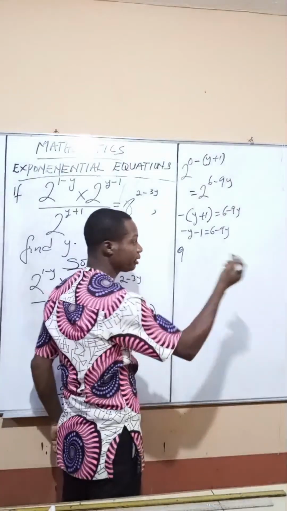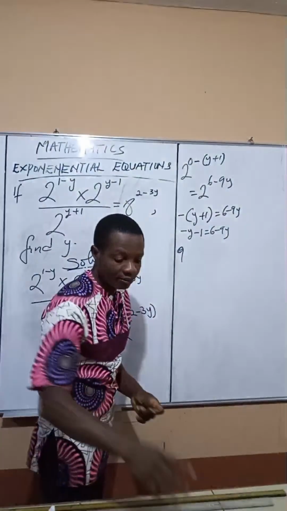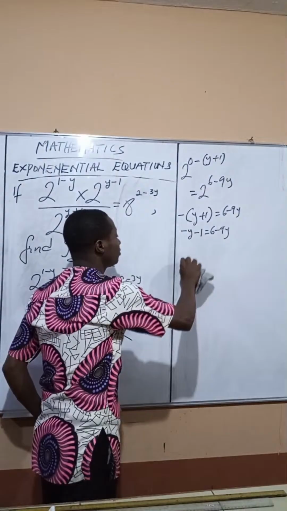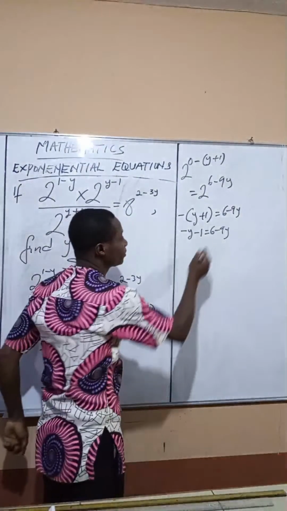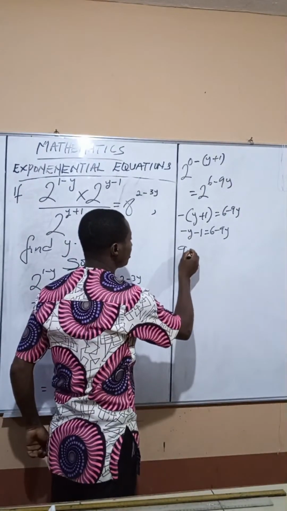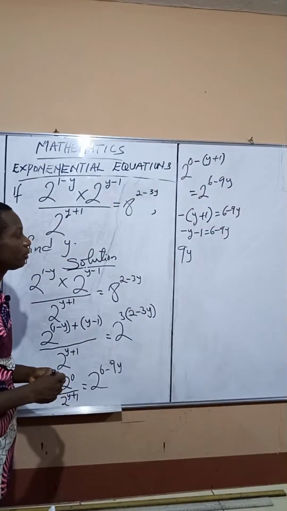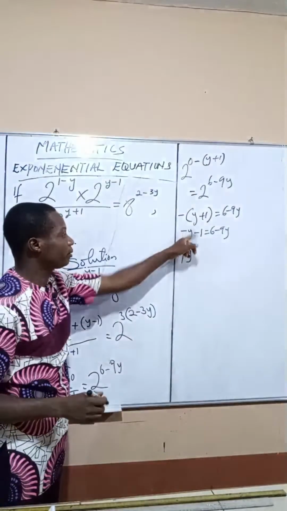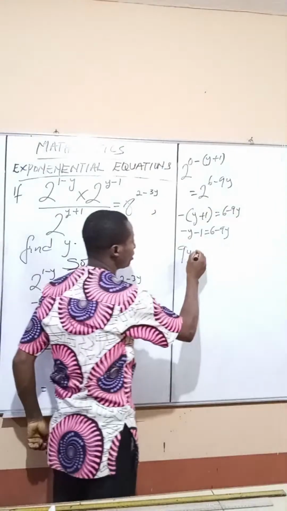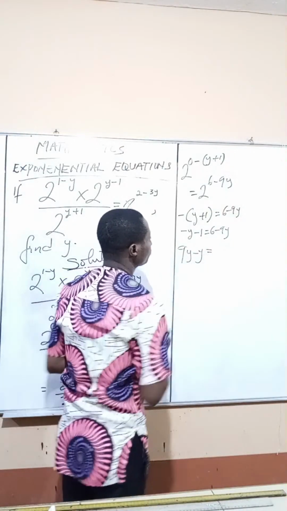Sorry, I'm a right-handed person, that's why I'm finding it difficult to write when I'm on the other side. Because minus 9y came this way, it comes plus 9y. And minus this y, that's minus y.